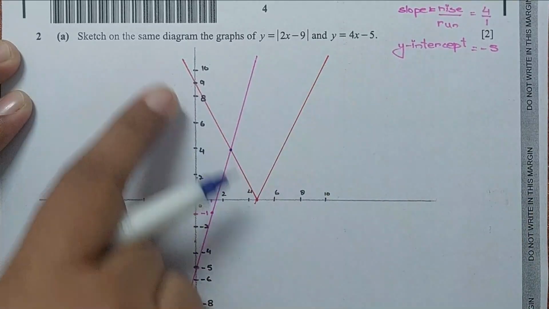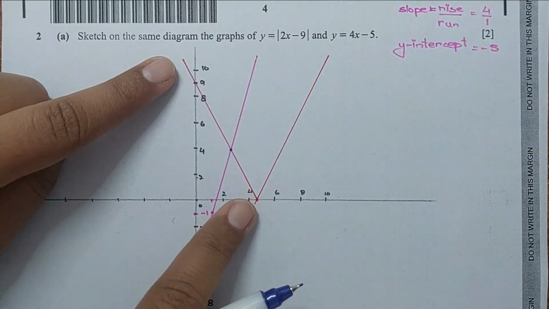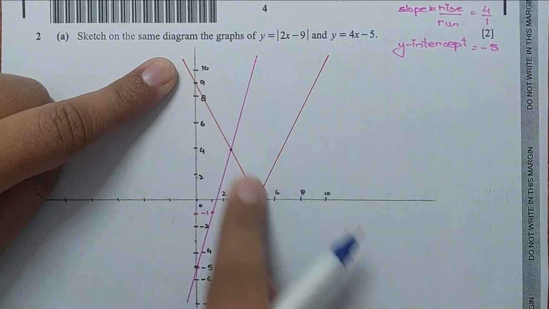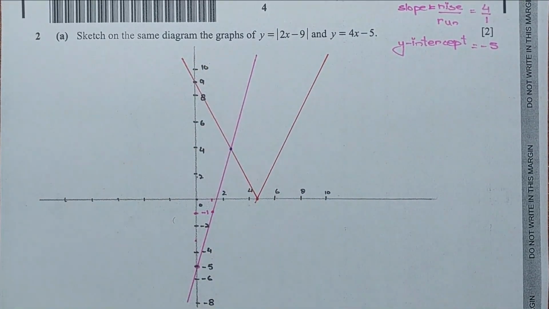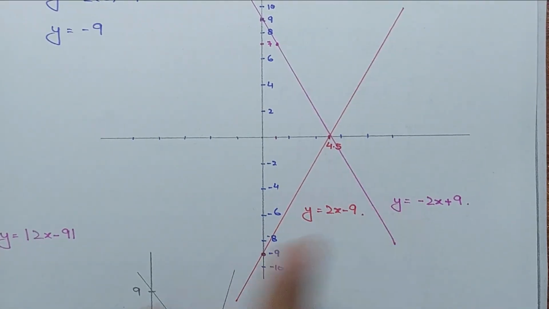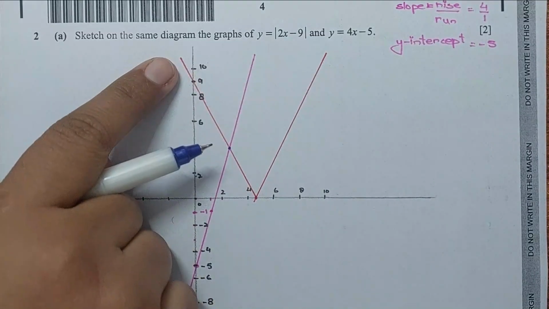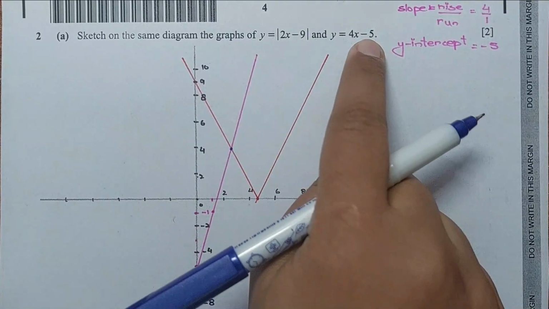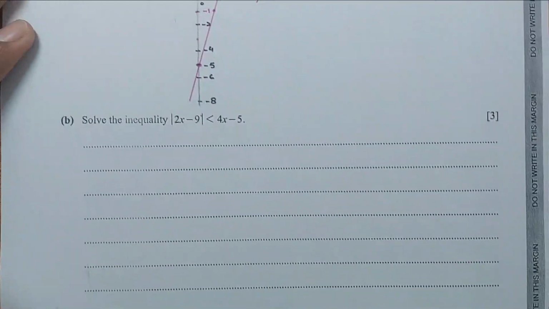And what is their point of intersection? When the negative of this absolute, meaning minus 2x plus 9, this line is basically for minus 2x plus 9, right? So when the negative of this absolute intersects with the linear function, you will get a point of intersection, right?